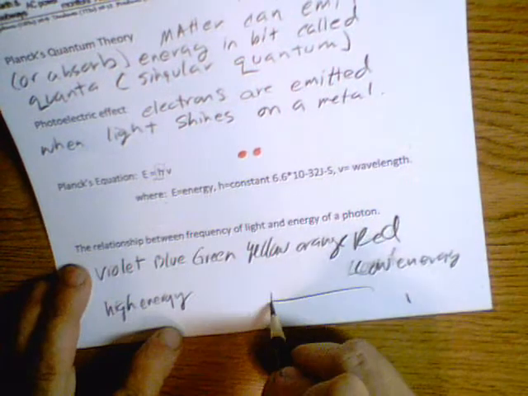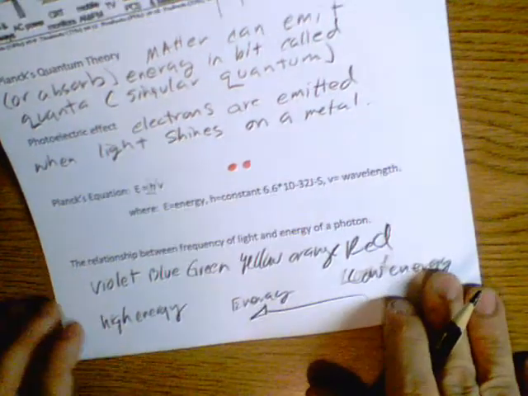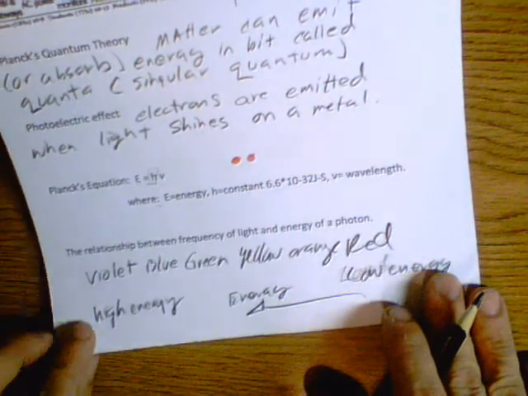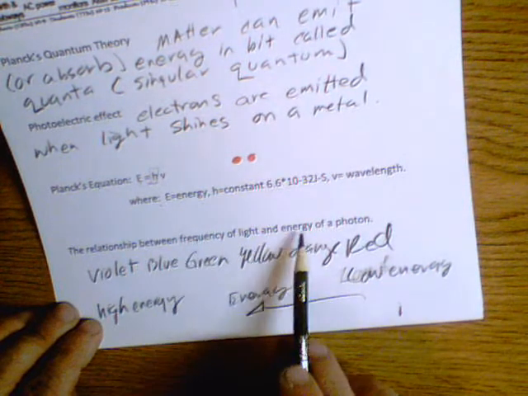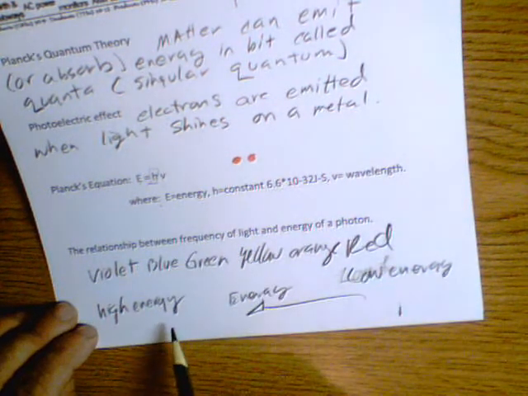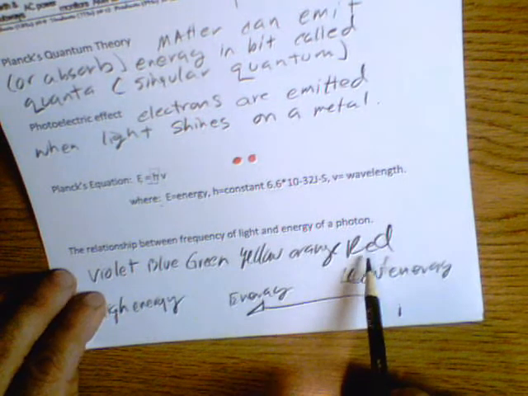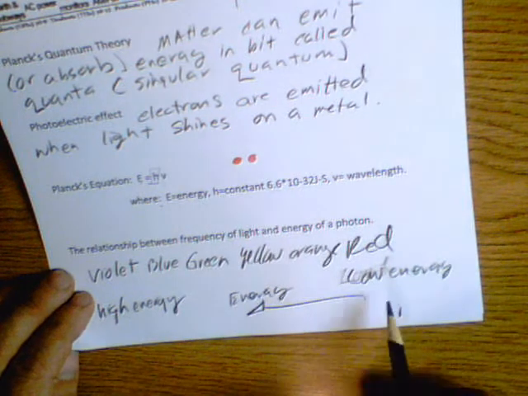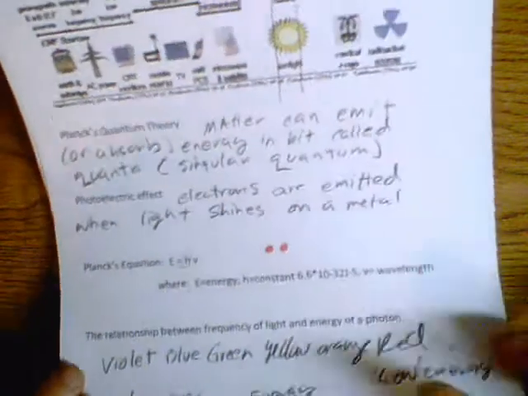So energy is going in this direction for that visible range. So the relationship between frequency of light and energy is that if you have a higher frequency, you have higher energy. If you have lower frequency, you have lower energy. So that's the relationship.